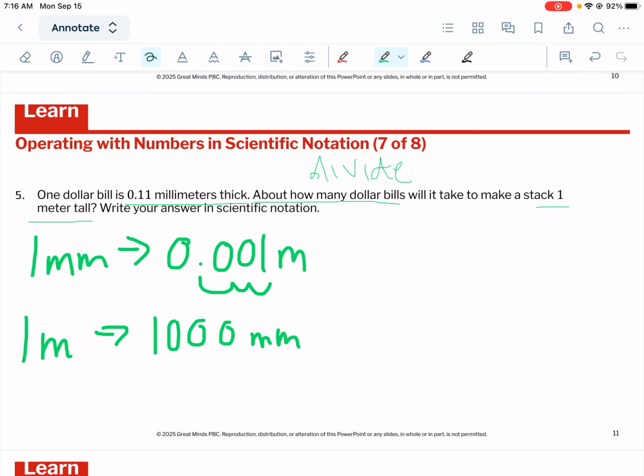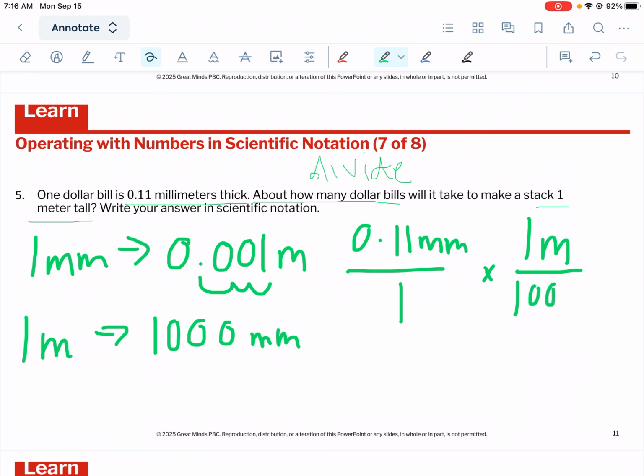Now, a dollar bill is 0.11 millimeters thick. First of all, we need to convert that to meters. So we have 0.11 millimeters. We're going to put that over 1. To get to meters, meters on top, millimeters on bottom, so we can cancel out.